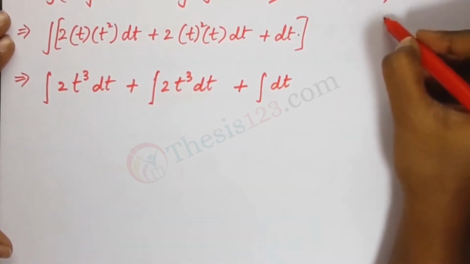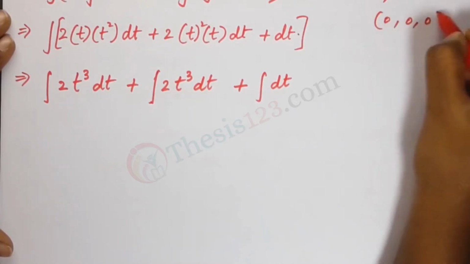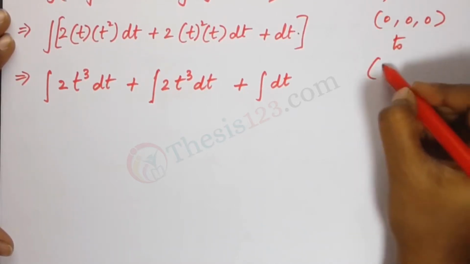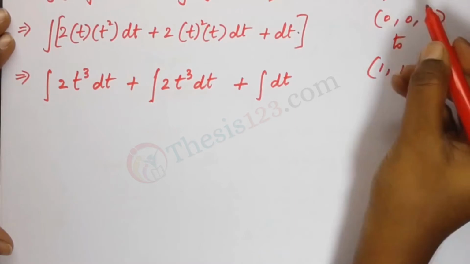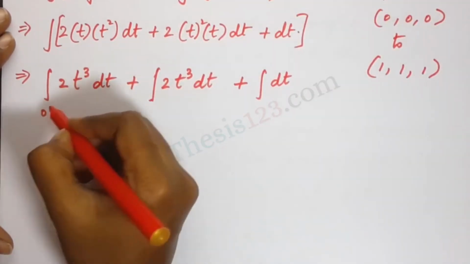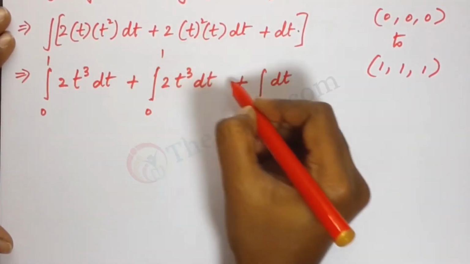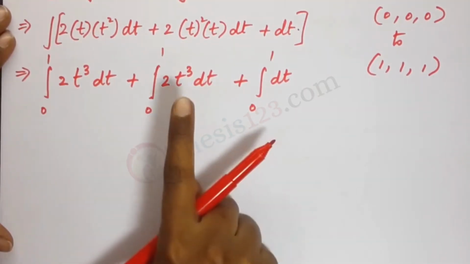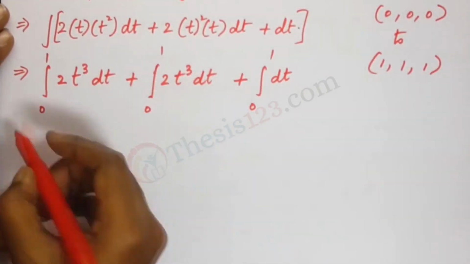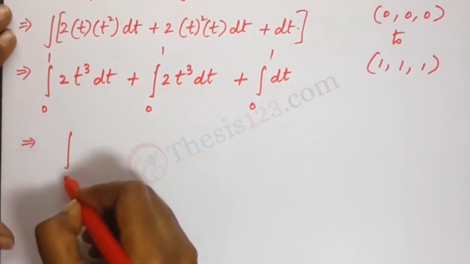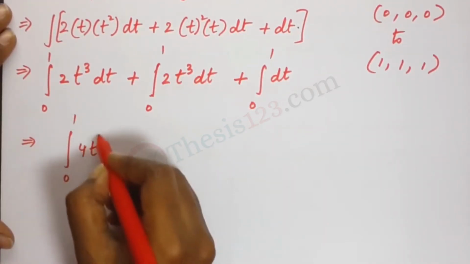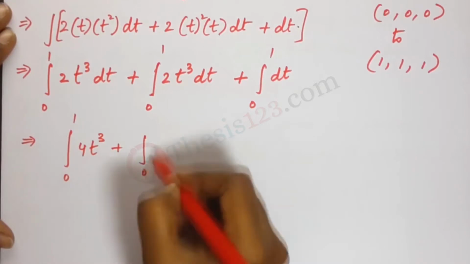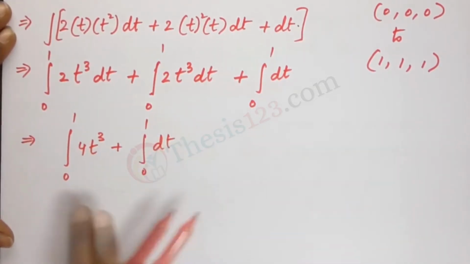Now since this is from the origin 0, 0, 0 to 1, 1, 1 in terms of just the parameter t, the integral is from 0 to 1. Now we have here 2t cube, we have here 2t cube, so we can just add them up and solve later. 0 to 1, 4t cube plus 0 to 1 dt.